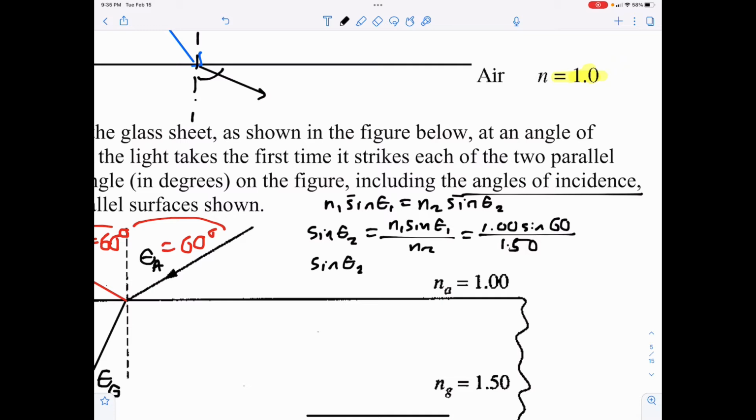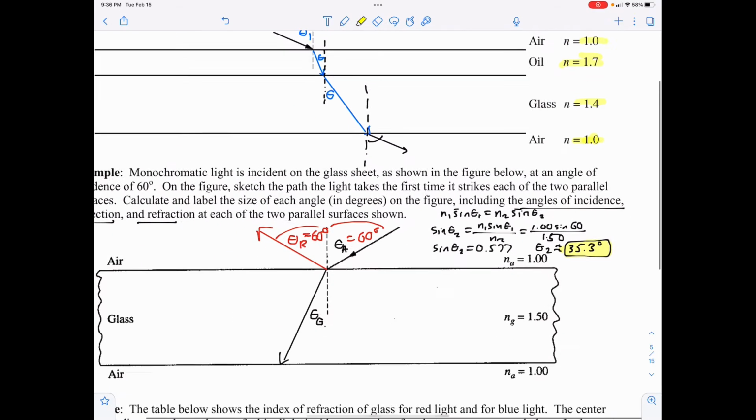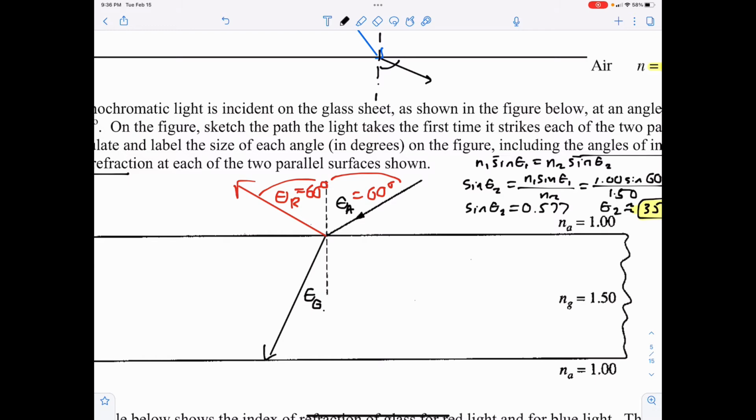So sine of 60 divided by 1.5 is about 0.577. Take the arc sine of that. Theta 2 is approximately 35.3 degrees. So theta glass is approximately 35.3 degrees.